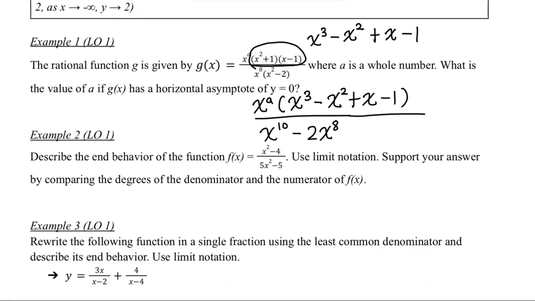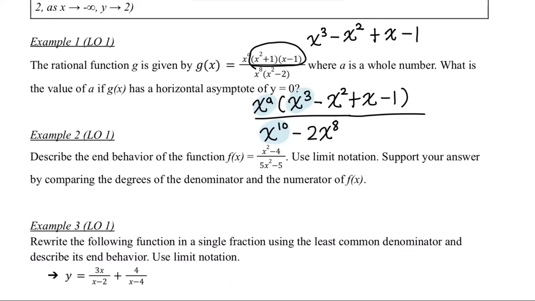Great. Whenever we're dealing with horizontal asymptote or end behavior problems, we're only looking at the leading term of both the denominator and the numerator, right? So we have a leading term of x to the power of 10, and the leading term of the numerator would be the result that we get from multiplying x cubed and x to the power of a.